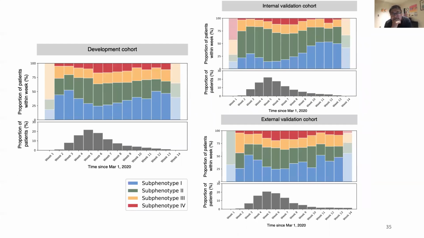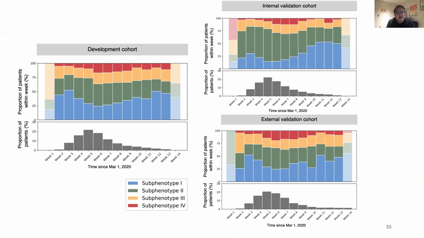We also examined how the composition of different subphenotypes changes at different time slices, from week 1, which is early March, until week 14.